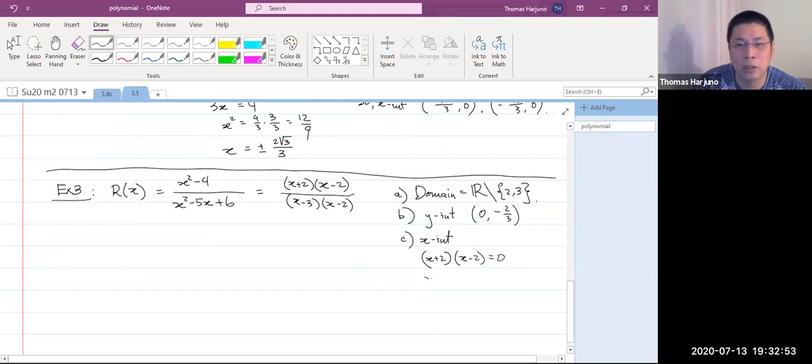So x equals negative 2, x equals 2. But x equals 2 is not in the domain, so I cross it out. Okay, it's not in the domain, so I cross it out. So the x-intercept is only (negative 2, 0).